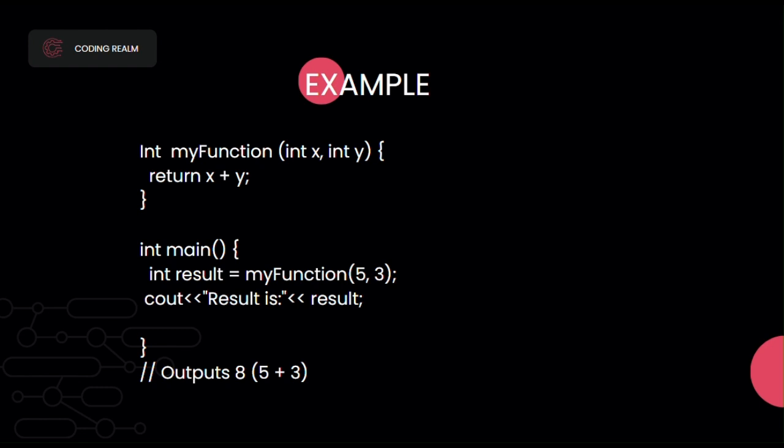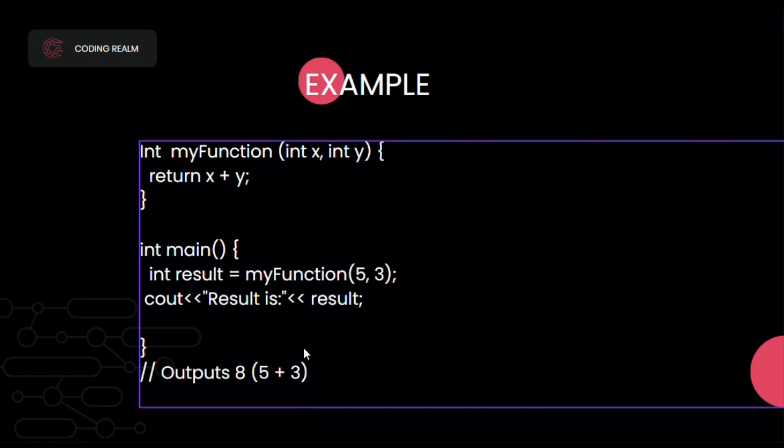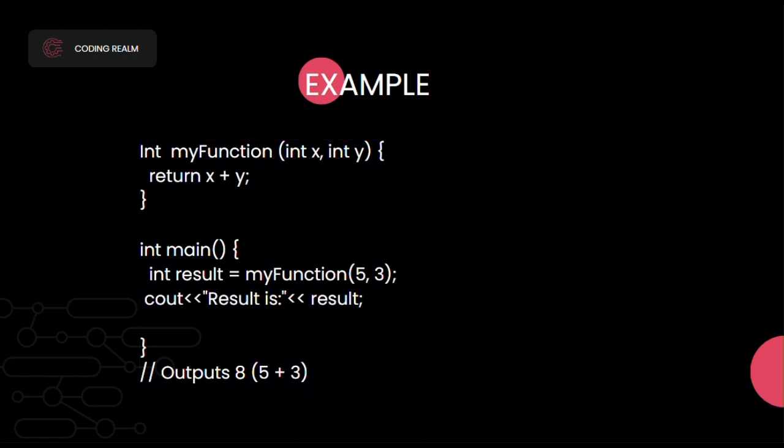Here is the main function. For myFunction, x and y have values: x has the value 5 and y has the value 3. The return here is x plus y. The return of 5 plus 3 is 8. This is an example of how to declare a function in C++.